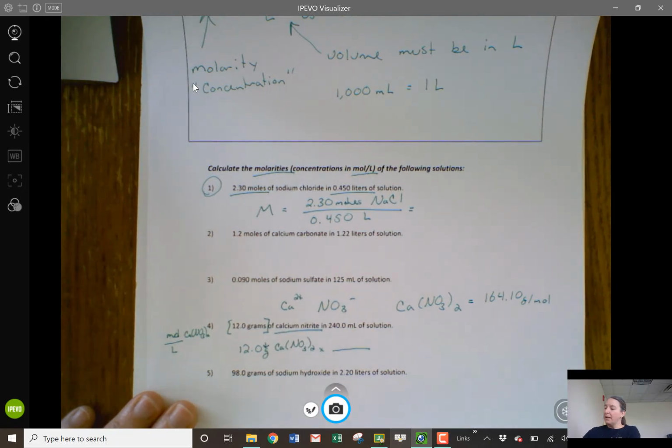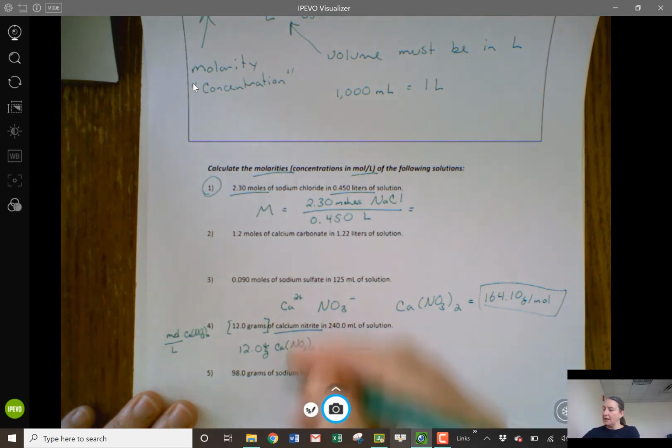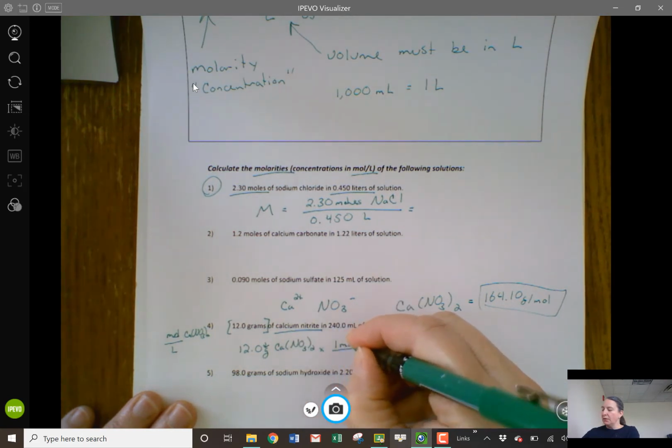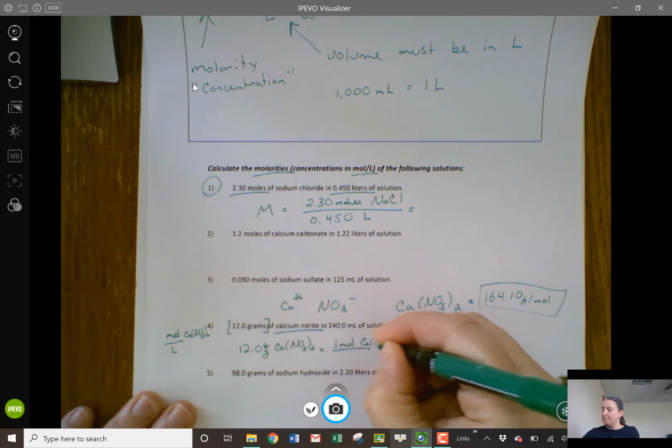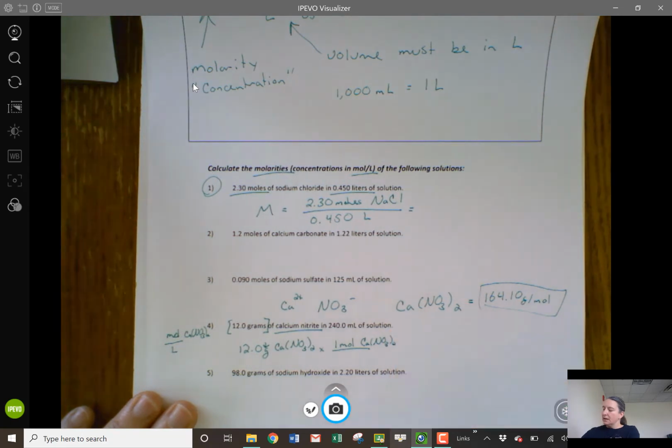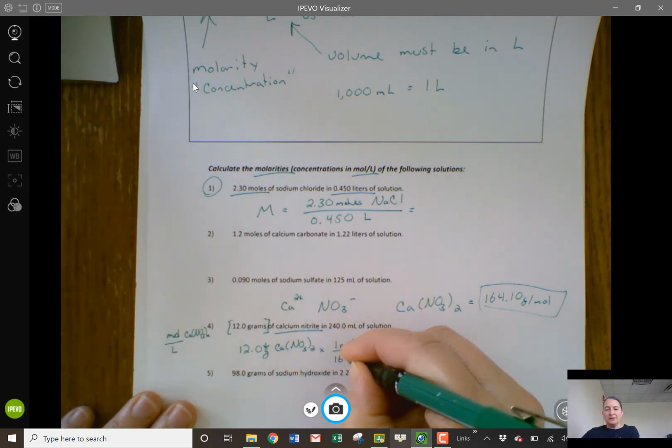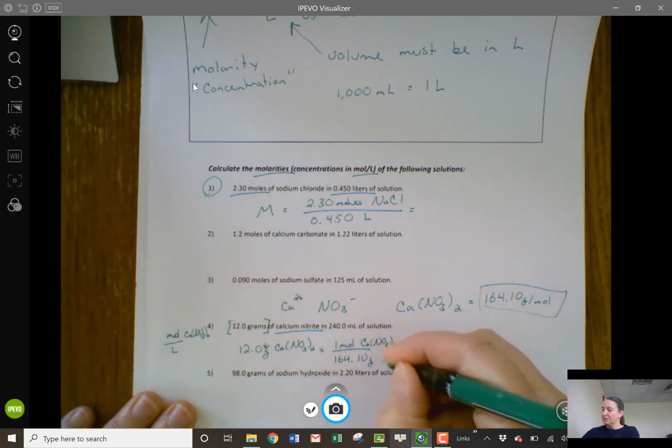So if I look at my molar mass right here, I've got 164.10 grams per mole, and I want moles on top. So I'm actually going to flip that, and I'm going to say for every 1 mole of calcium nitrate, I should have a mass of 164.10 grams.